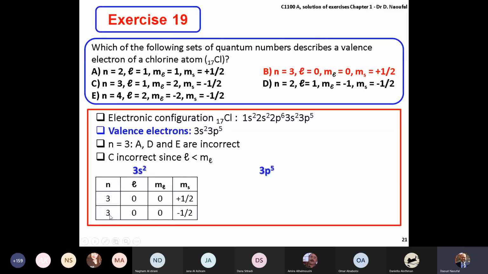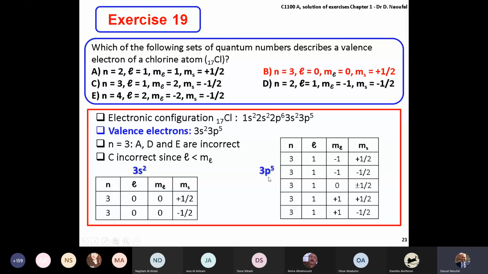The second has 3, 0, 0, minus half. And we write in the same way for 3p5, n equal 3. The electrons are found on p, so L equal 1. ML is between minus L and plus L: minus 1, 0, plus 1.